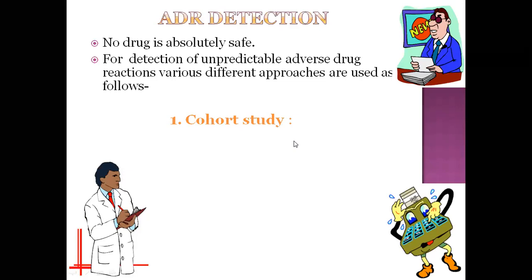This type of study we have to observe and note as a cohort study. Near about 1 to 500 patients' frequency you have to observe during the detection of ADRs after the exposure of drugs.